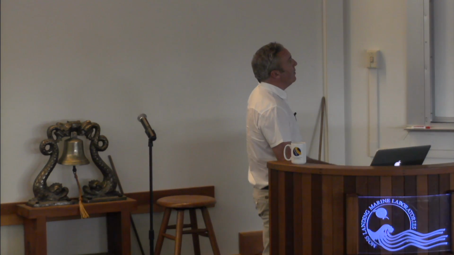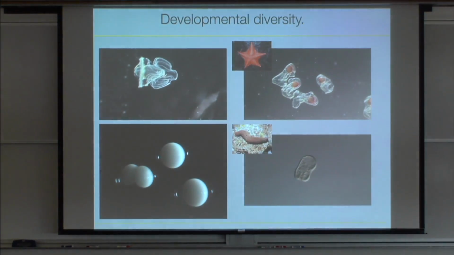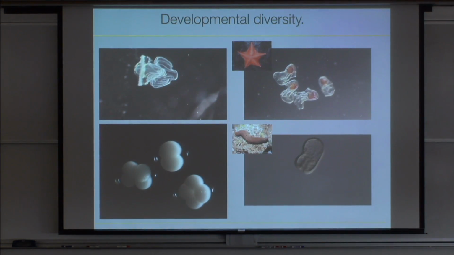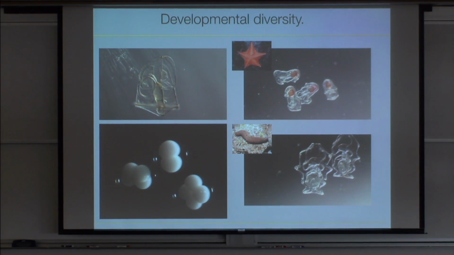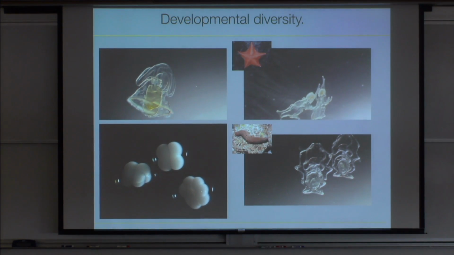And while most people focus on adults, our lab uses the early developmental stages and larval stages to address basic hypotheses. So when we think of an asteroid or a sea cucumber, as shown here, we generally think of them as adults.